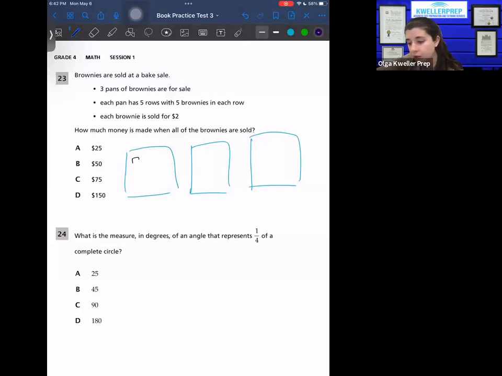Right, so we've got 1, 2, 3, 4, 5 in each row. And so in total on one pan, how many brownies do I have?